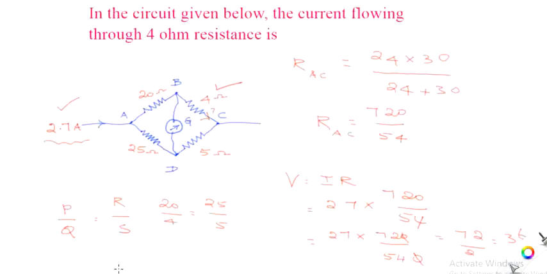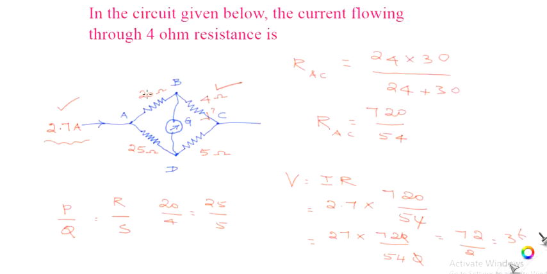Now what we have to do? We have to find out the current. Now current I equals 36 divided by 24. Why 36 by 24? Because in this arm we have to find this. Current through a series of resistances is the same. In parallel it will divide, and in series it will go the same.